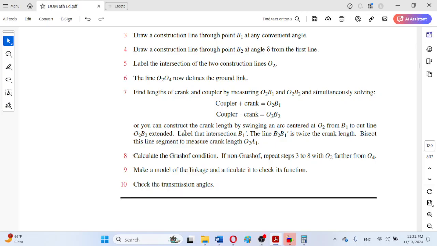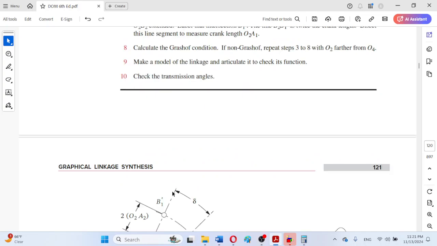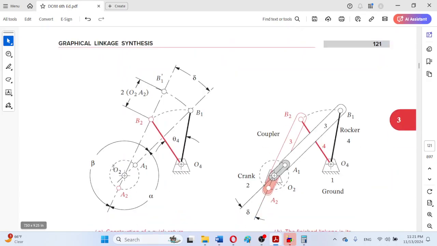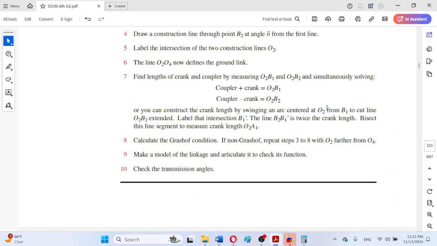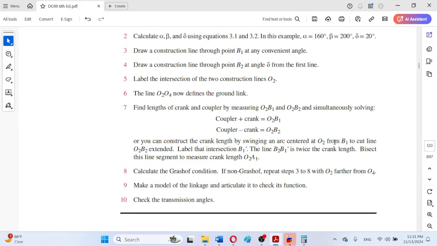The other procedure to determine the crank circle, or the crank length, is that we will be taking this O2 as the center of the compass, and then opening the compass radius equal to the length O2 B1, as mentioned here that the center will be O2 and from B1.